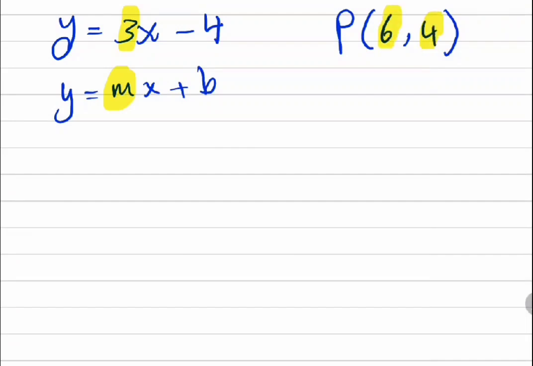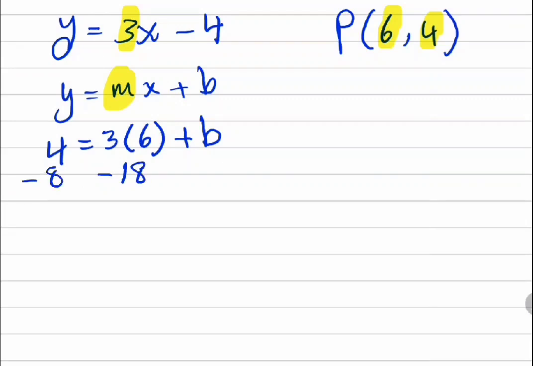So 4 is equal to 3 times 6 plus b. So 3 times 6 is 18. And if we subtract 18 from both sides, we can see that the value of b is going to be 4 minus 18, which is negative 14.